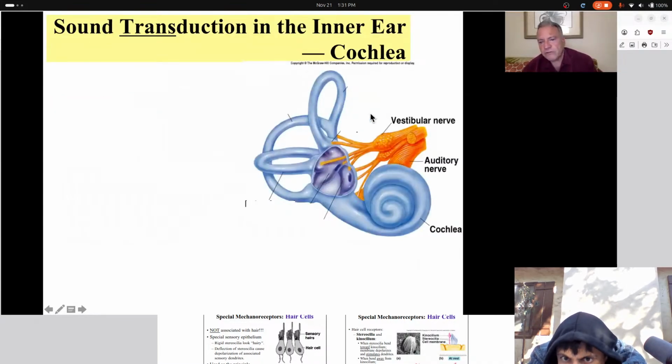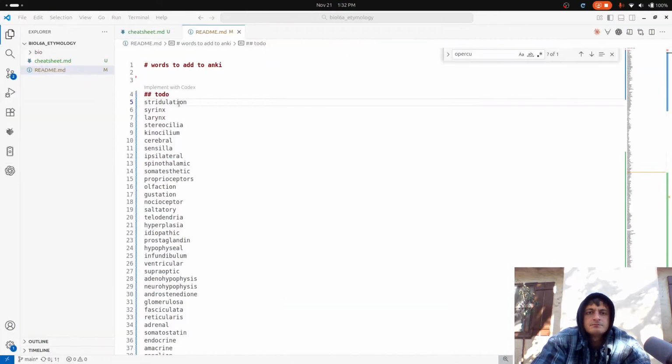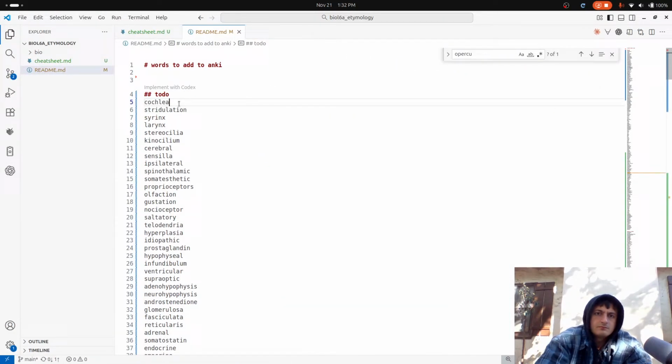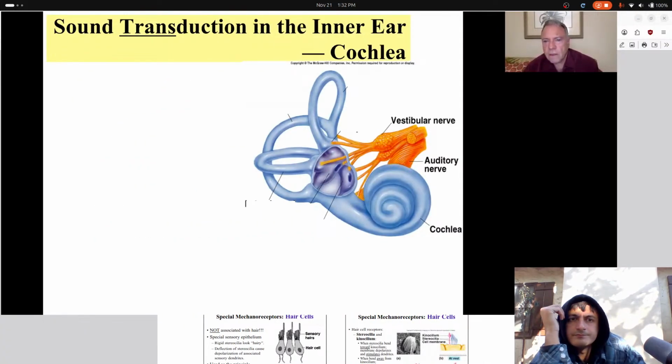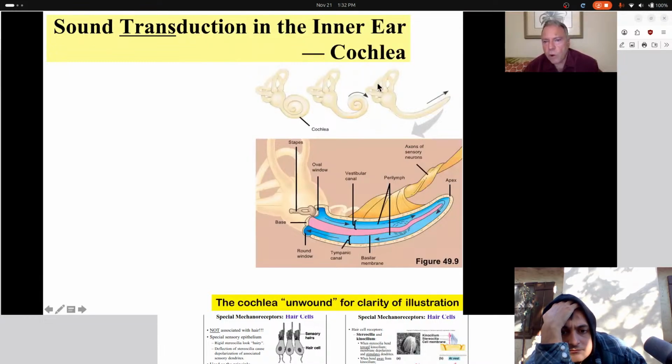The inner ear looks something like this. The part having to do with hearing is this thing that looks like a snail, so we call it the cochlea, which I think is Latin for snail. If we uncoil it, which you can't really do, but just for diagrammatic purposes, we see that the structure of this cochlea is a fluid-filled pocket with a membrane that separates an upper region from a lower region.